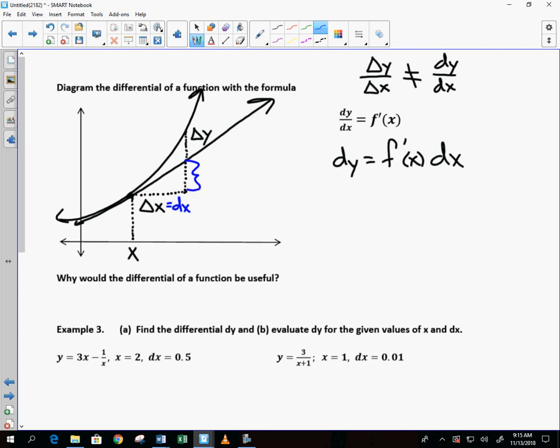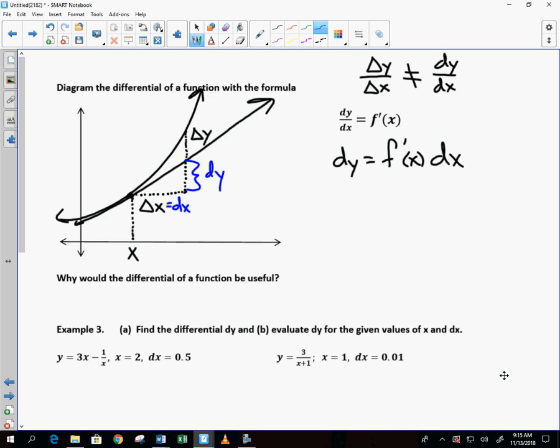But this portion here is dy. This is the drawing you want to keep in mind. Dy goes up to the line, whereas delta y goes to the original function. See the difference? The dy and dx refer to the derivative, which is the tangent line, whereas delta x and delta y refer to the original graph.